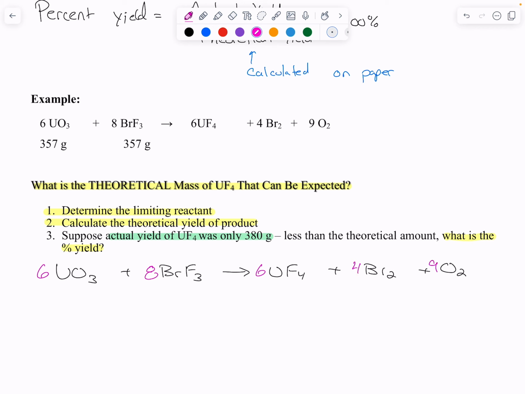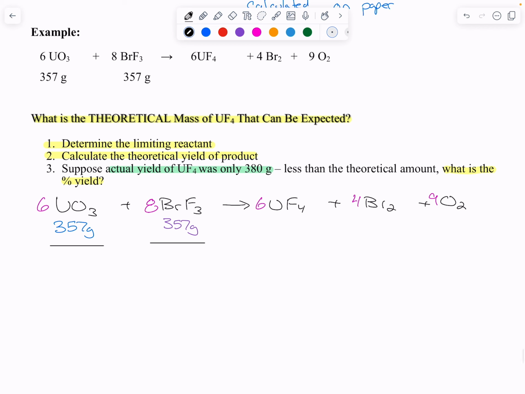All right, so we're starting with 357 grams and 357 grams. So we have grams. Hopefully by now we know we have to go to moles. So uranium, again, 238.03 plus 3 oxygens at 16, I get 286.03.